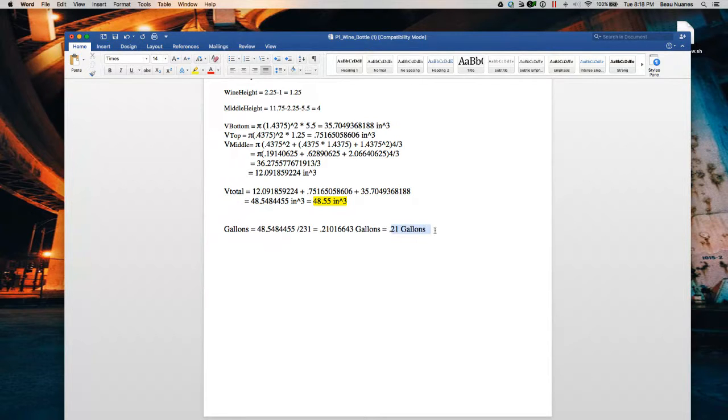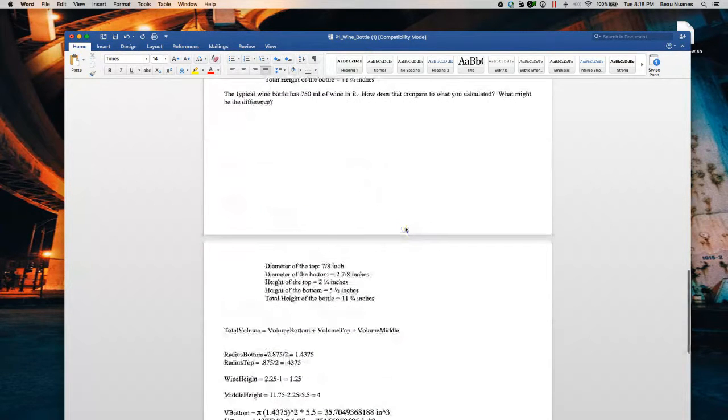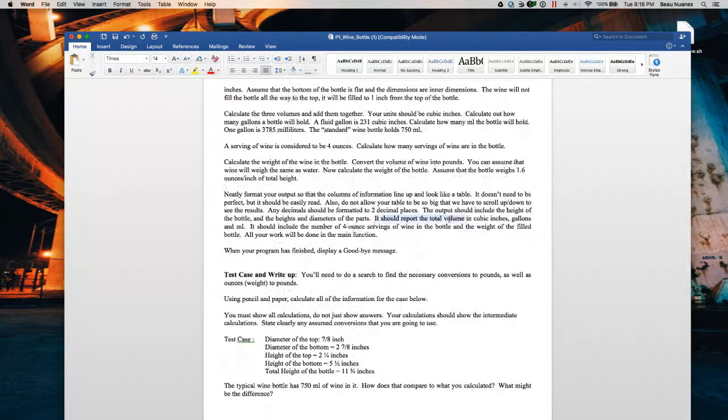So that's another thing that is asked for. Okay, so if you look up here where it says what the results are, total volume in cubic inches, gallons, and milliliters. So we've done those first 2 parts there.